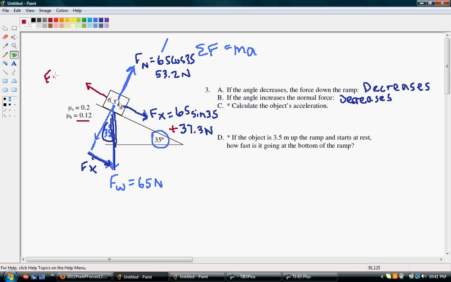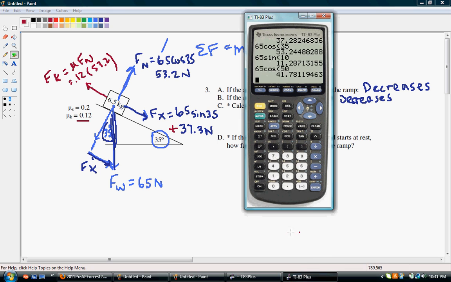So our frictional force, Fk, is going to be equal to mu times the normal force, where mu was 0.12 and the normal force we calculated is 53.2. So we'll multiply those two together. 0.12 times 53.2, and we get 6.4.